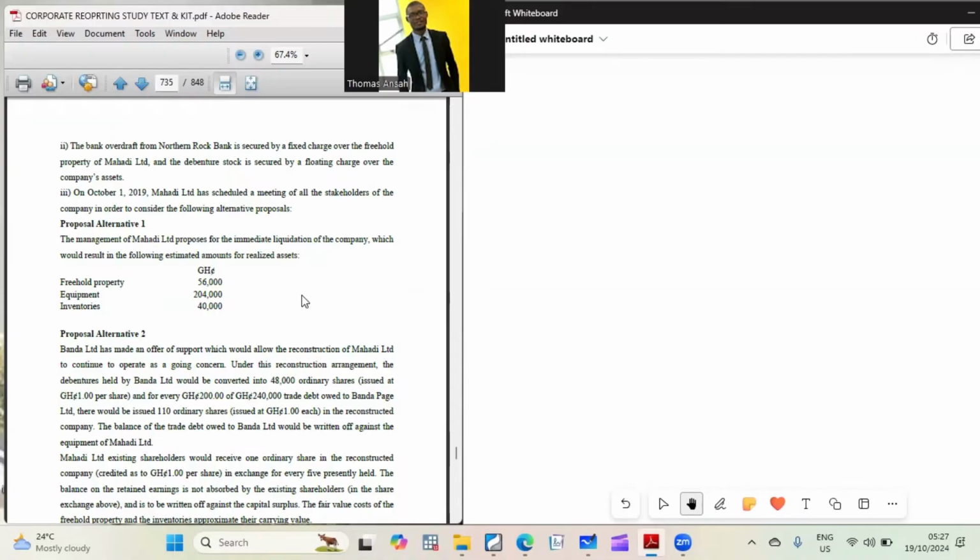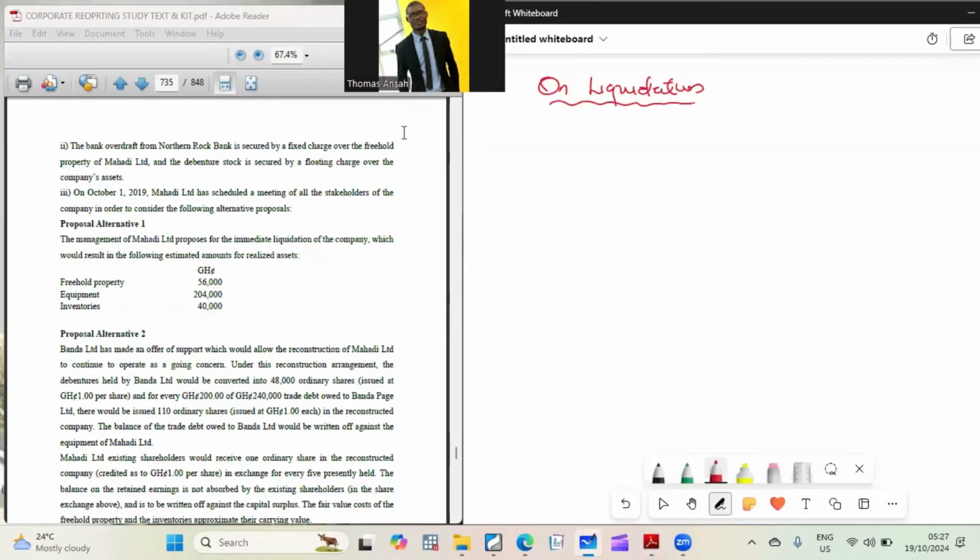So the first step, according to the question, we are supposed to liquidate. And when we liquidate, what did I say you will do? On liquidation, what do you do? You sell the asset and distribute the proceeds.